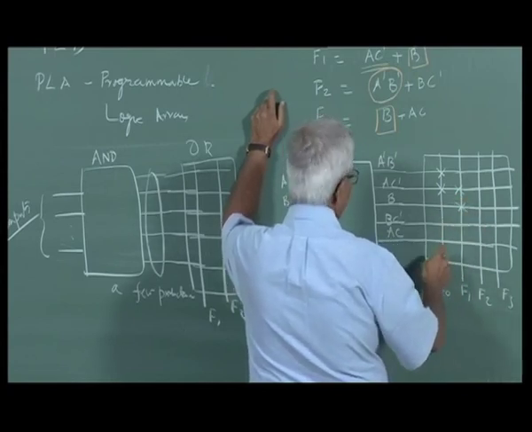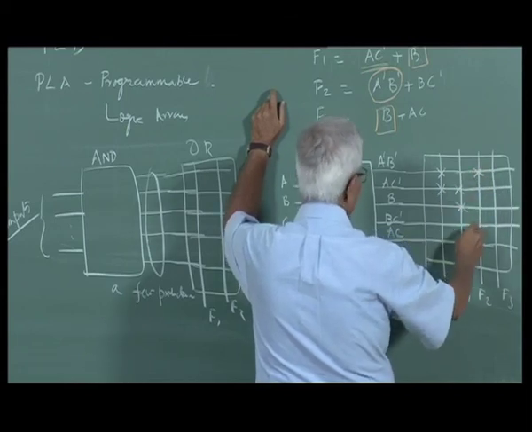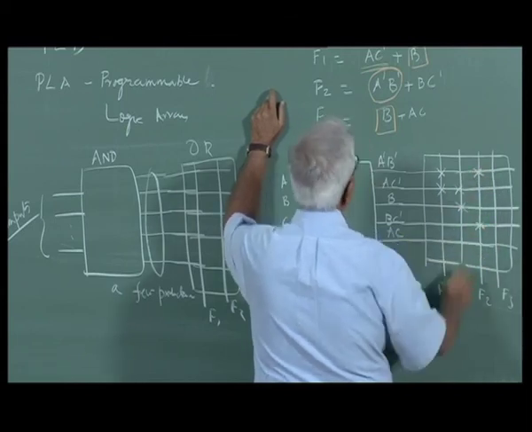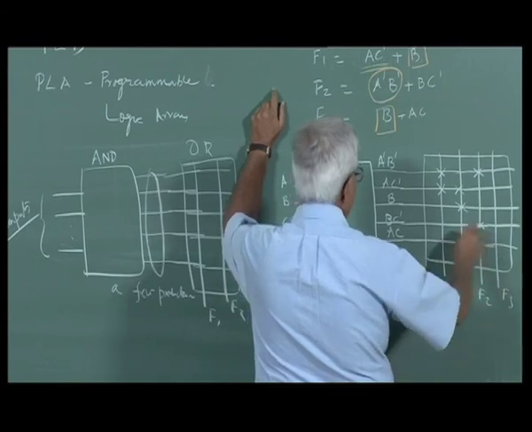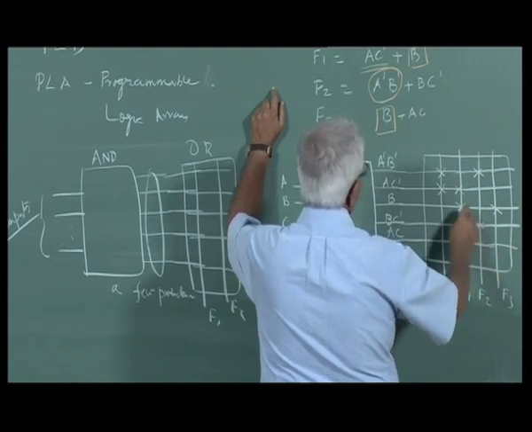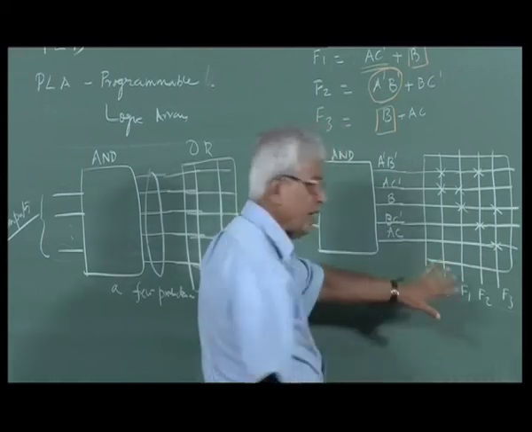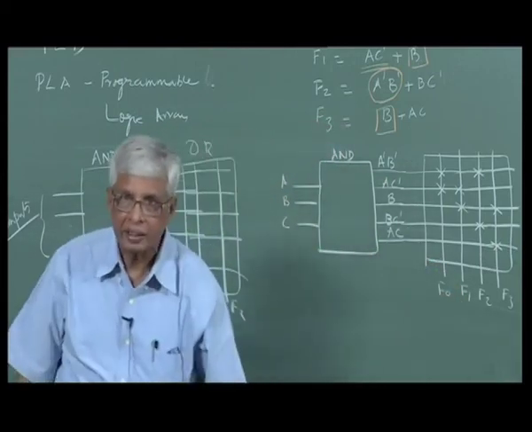F2 is a bar b bar, b c bar. F3 is b, b c bar. Where is AC? B plus AC. So the OR gate requirement is the same as the previous case.